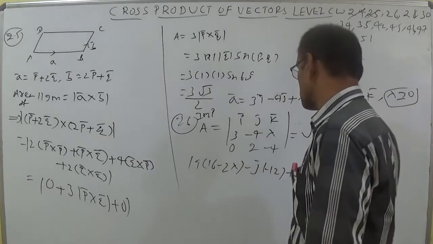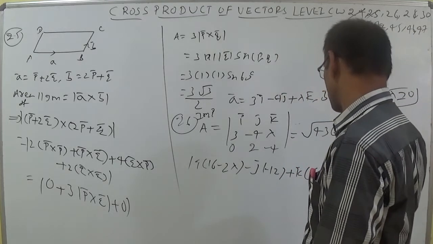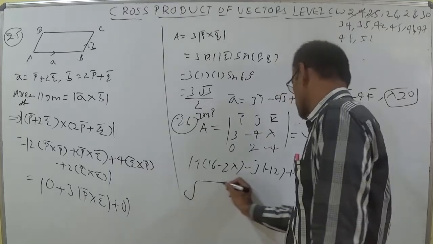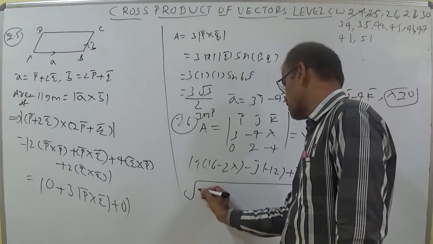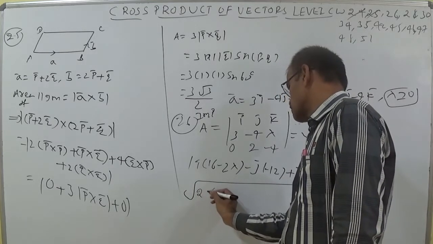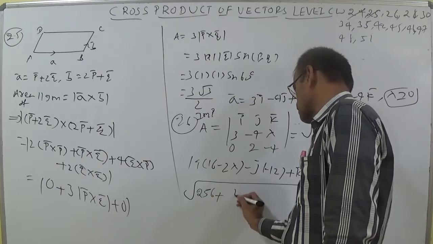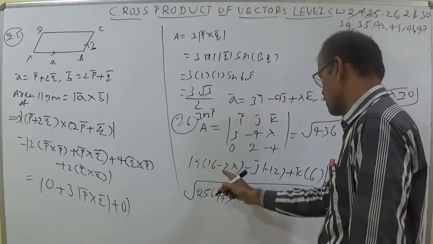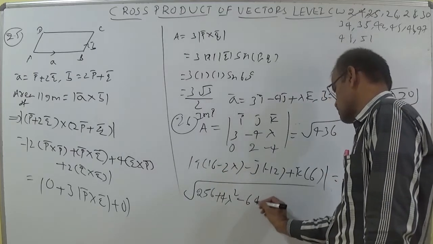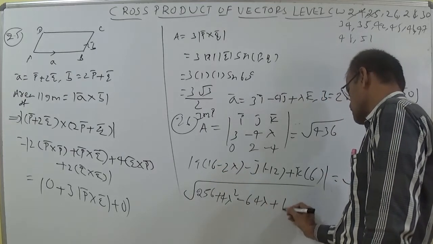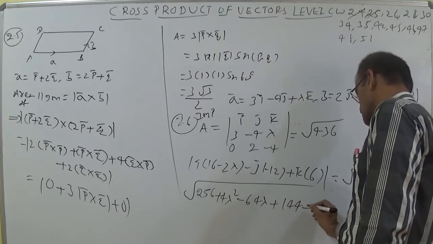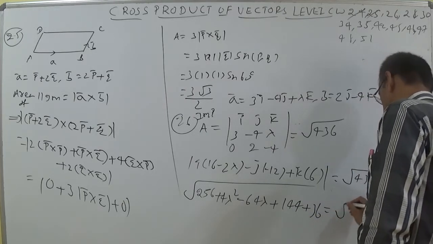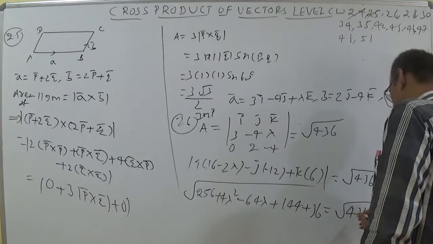So 16 minus 2 lambda whole square. Let us discuss squaring, taking magnitude. So 16 whole square is 256, plus you write 4 lambda square, minus 2 into 4 into 16, that is 64 lambda, plus this is 144, plus this is 36, is equal to root over 436.